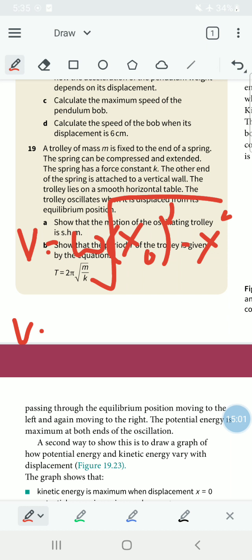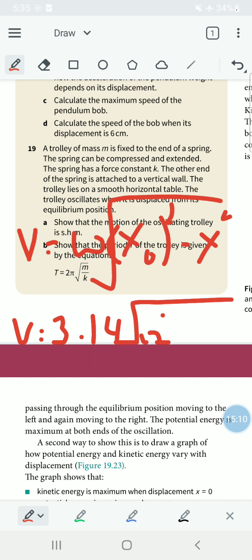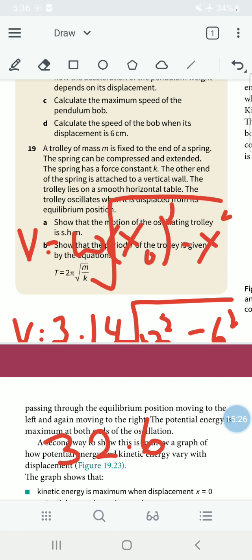V equals omega is 3.14, then square root of 12 squared minus 6 squared. When you simplify these, you will get 32.6 centimeters per second. Let me know if you have difficulties.